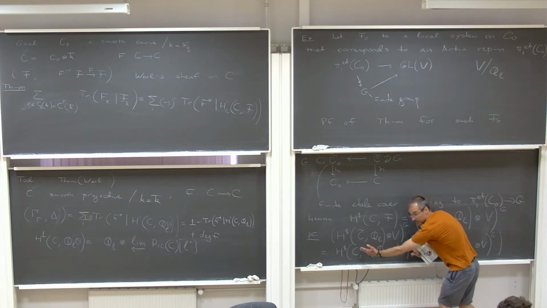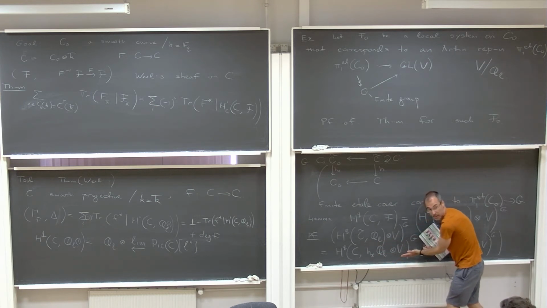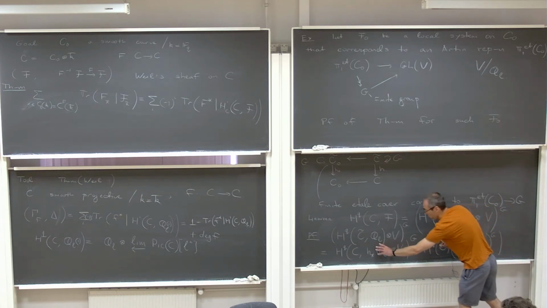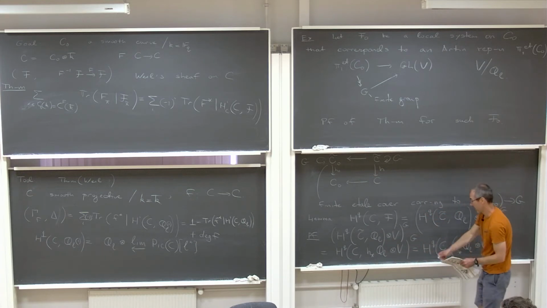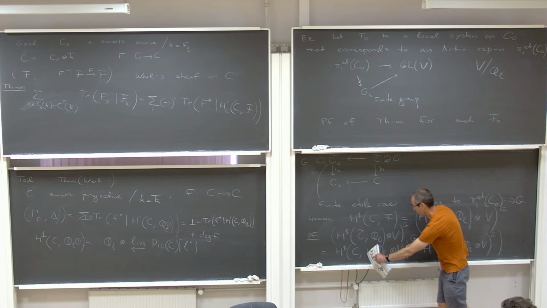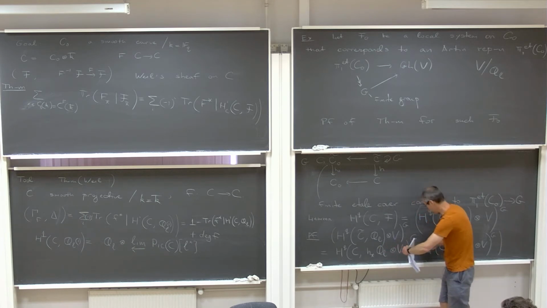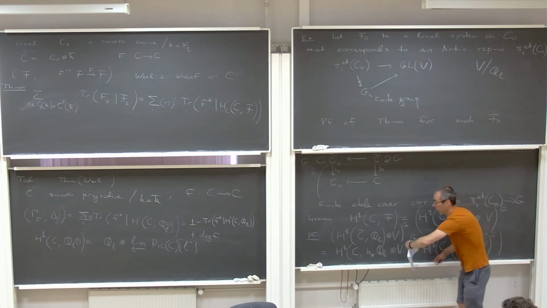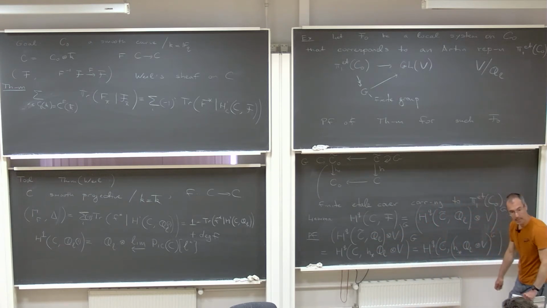That's a direct summand here, right? So for every idempotent acting on a sheaf, homology with coefficients in the image of the idempotent is the same as the image of the idempotent on homology. Okay? Does it make sense?